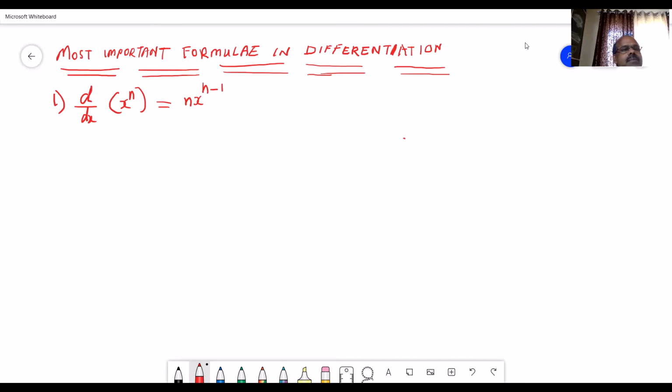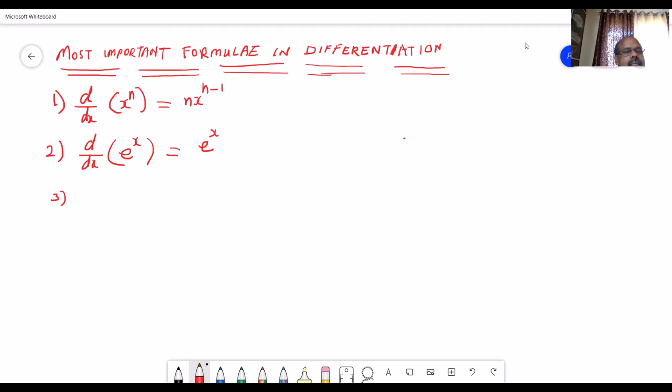The next formula that we have done is dy by dx of e raised to x is equal to e raised to x. So the differentiation of e raised to x is the same, e raised to x only.